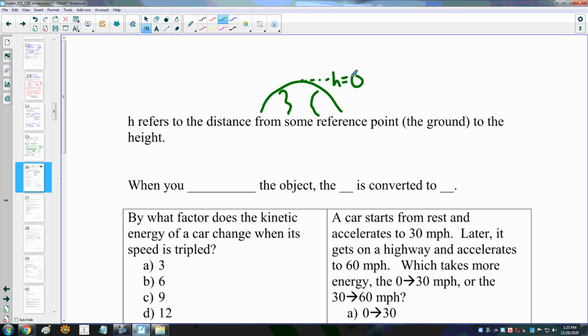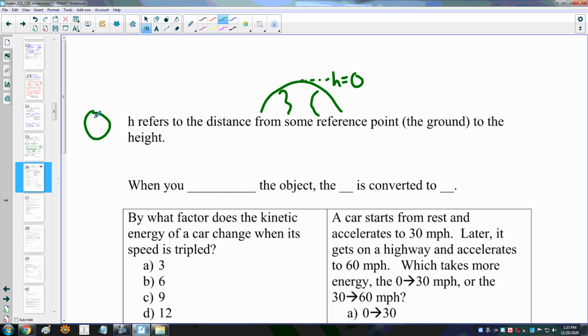Though if you're preparing for some other standardized test or some other class where you encounter potential energy, you should know that that doesn't have to be the case, that I can really let the top of the table be h equals 0. Or I can let some area below the surface of the ground be h equals 0. It's really just a reference point for us to figure out what is the object's change in potential energy.